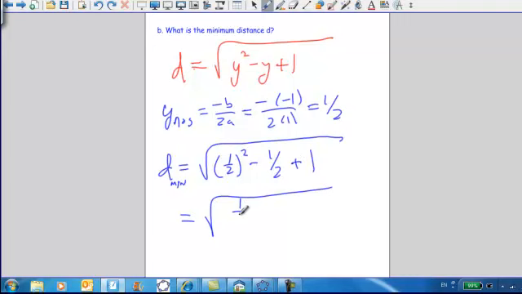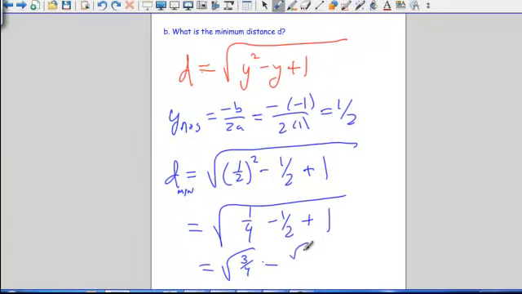Square root of a quarter minus a half plus 1. So that's the square root of 3/4, or the square root of 3 over 2, which you remember from trig a lot last year, is roughly 0.866. So there you go.